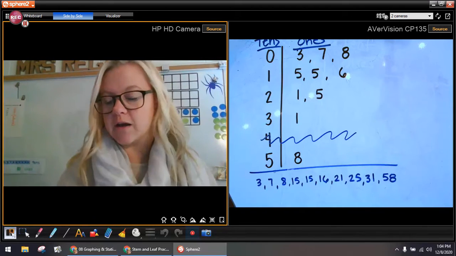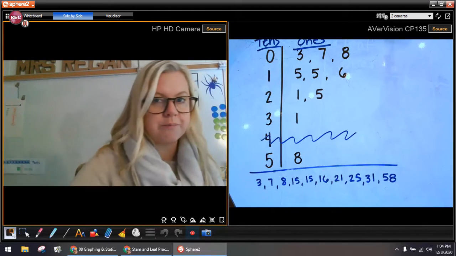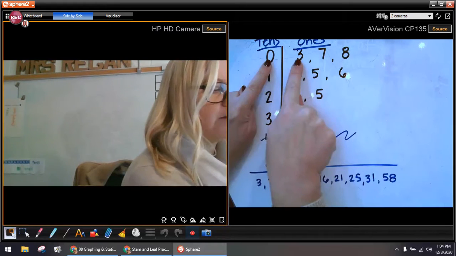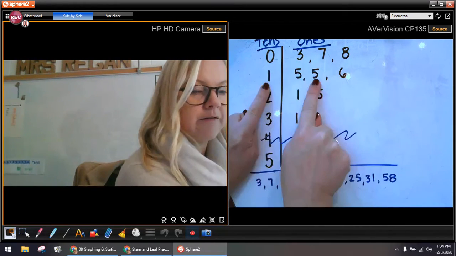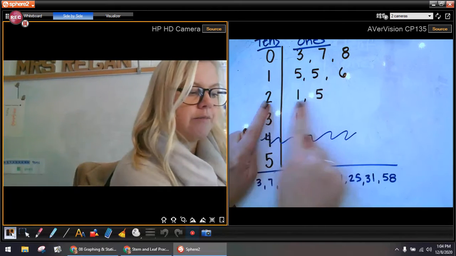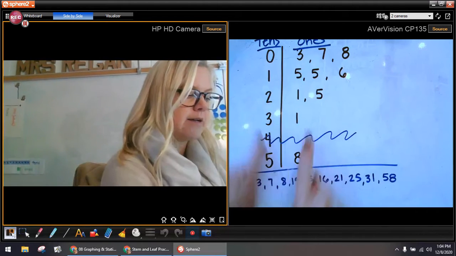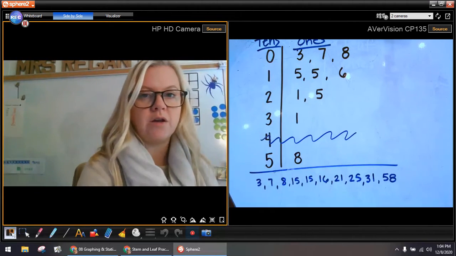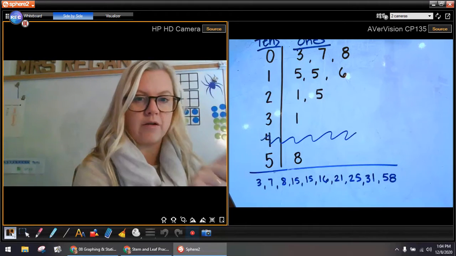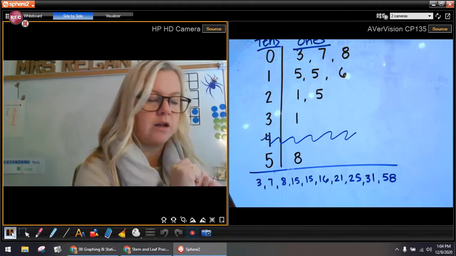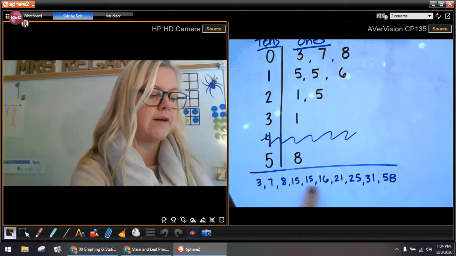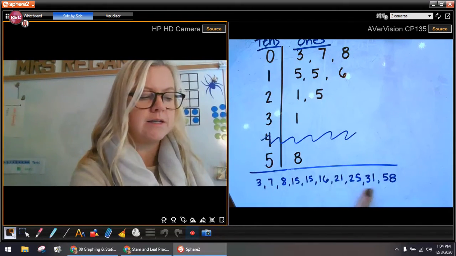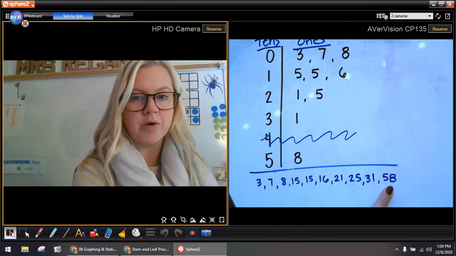So let's double check and make sure we wrote down all of our numbers. We should have 1, 2, 3, 4, 5, 6, 7, 8, 9, 10 numbers. Notice I counted a 10 and a 1 together each time. So I should have 10 numbers.